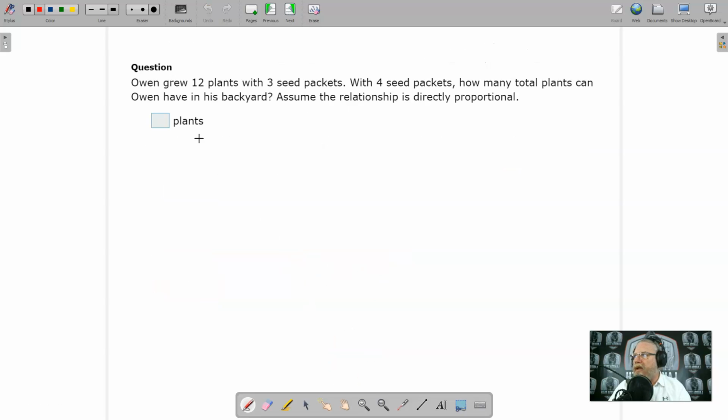On the next question, Owen grew 12 plants with 3 seed packets. So this is our information for our first ratio. We're going to go 12 plants over 3 seed packets. Now we want a ratio of plants over seed packets. Now let's go ahead and see what information they give us in the rest of the word problem.